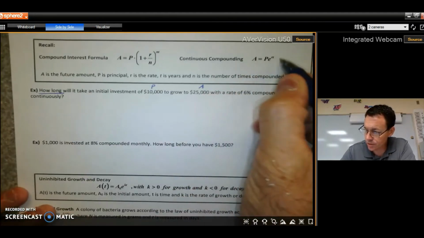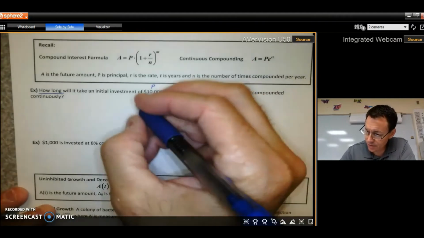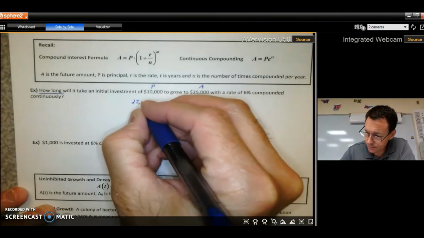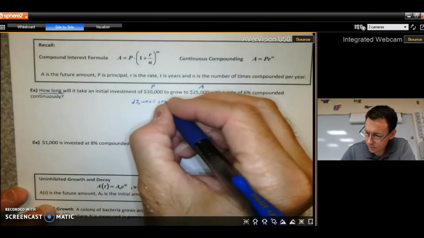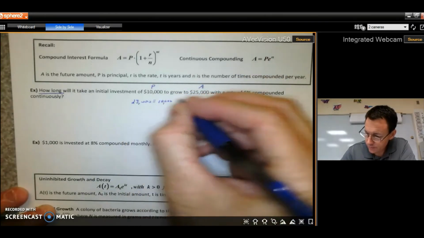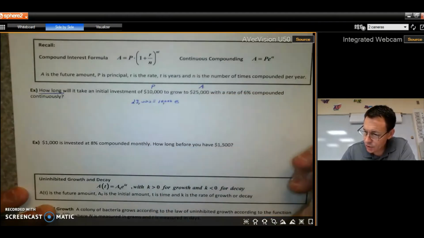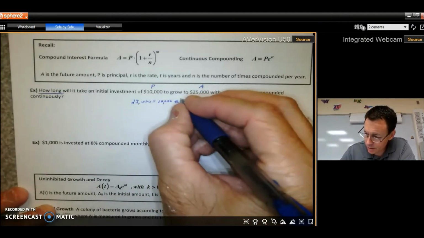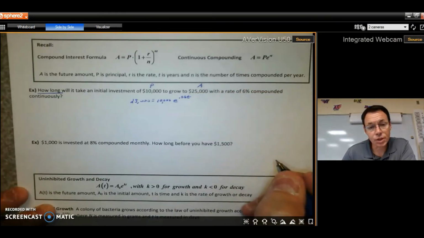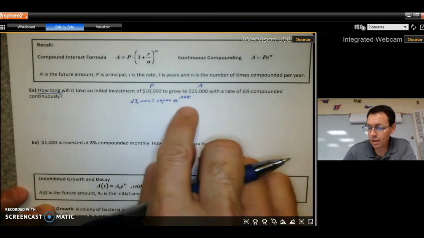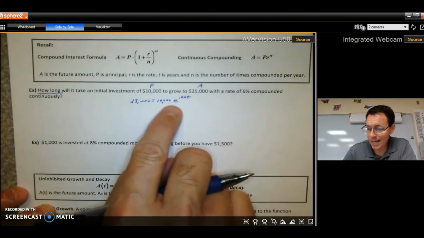So we're going to be using this formula. 25,000 equals 10,000 e to the 0.06t. All right, so the rules from the previous page said if we've got a base to a power, we need to isolate the base.